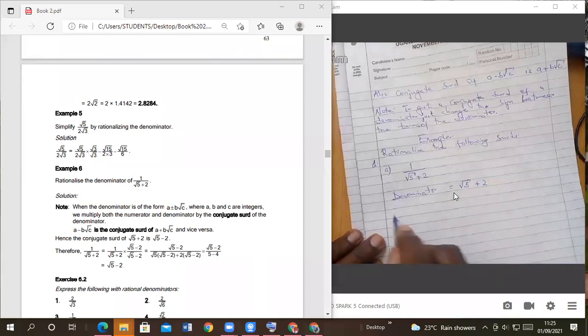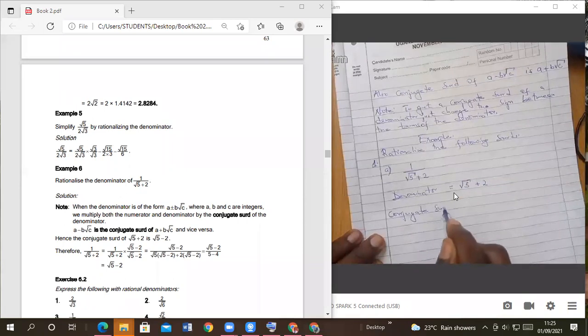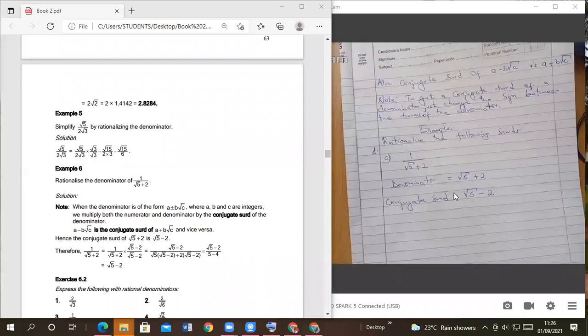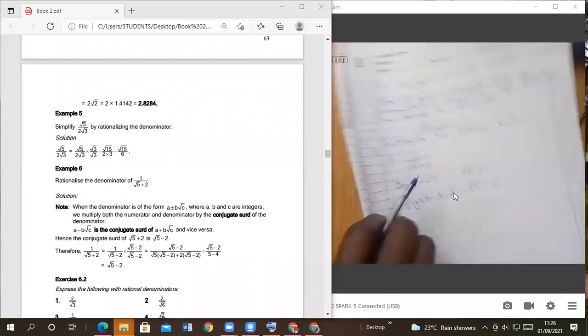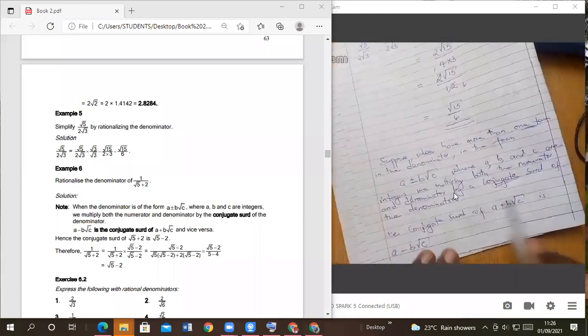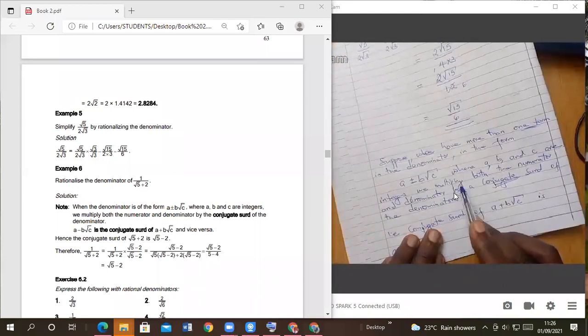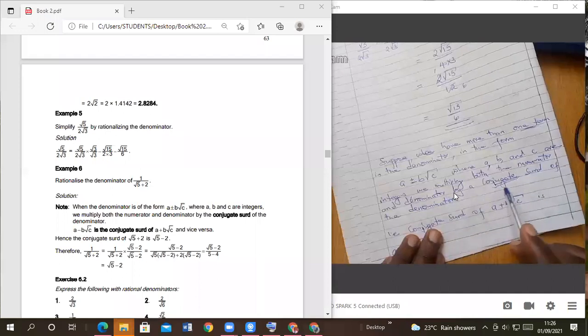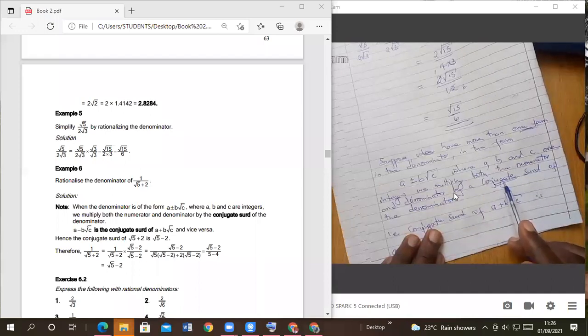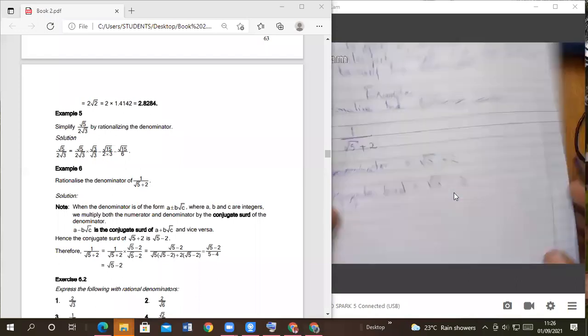What is the conjugate side? The conjugate side will be root of 5 minus 2. After getting the conjugate, what do we do? We multiply both the numerator and the denominator by the conjugate side.